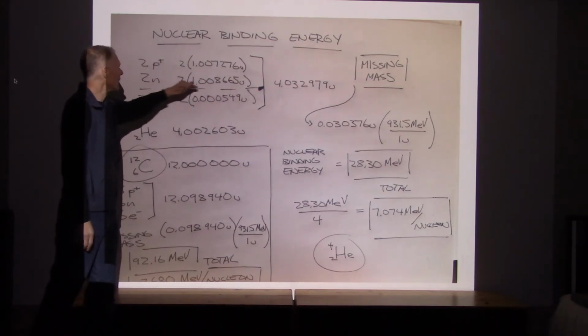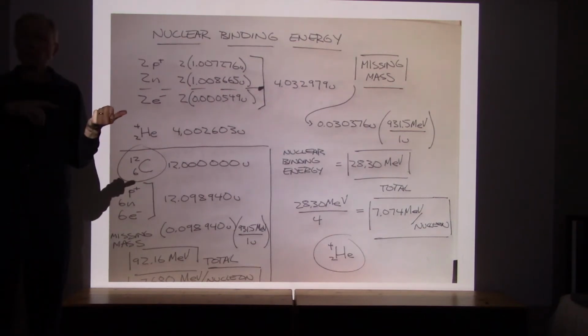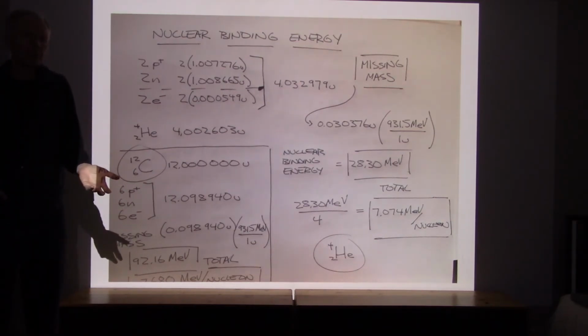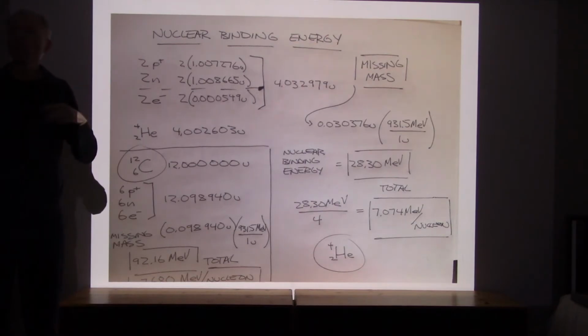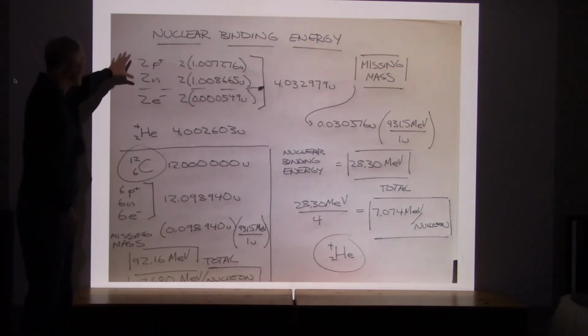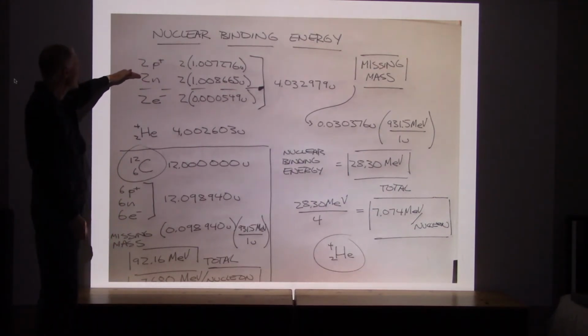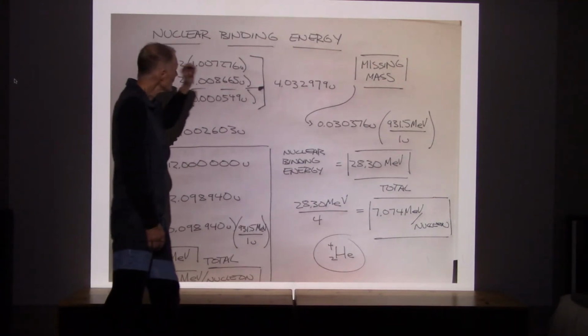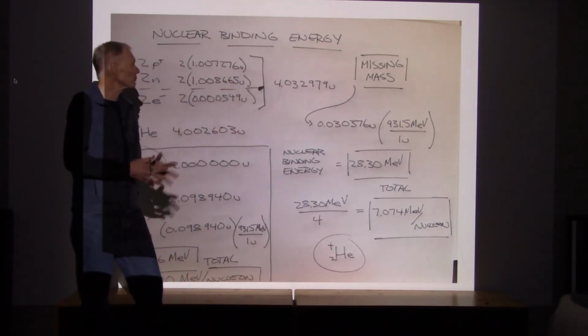Now I drew kind of a dashed line here because we're looking at the nuclei is what we're really interested in, but in many cases it's more convenient to measure masses, just bring the electrons along. Don't just measure the nucleus, let's measure the completed atom with its electrons. So that's what we've done here. And when we do that, if we take the mass of 2 protons, 2 neutrons, 2 electrons, those add up to 4.032979. Those are the significant figures.